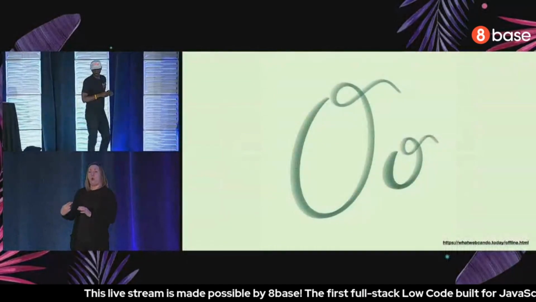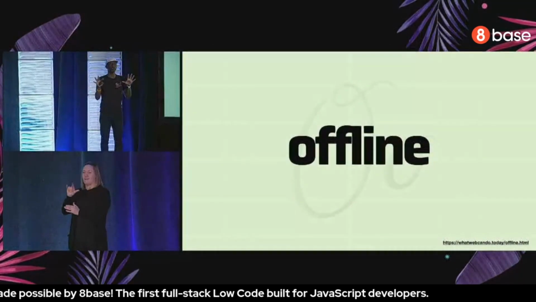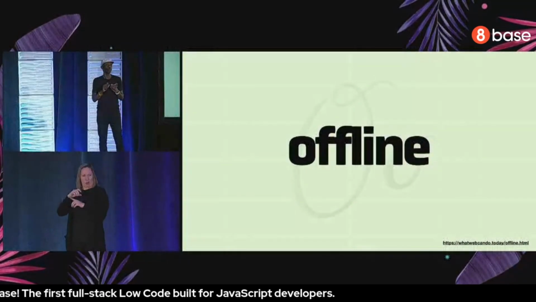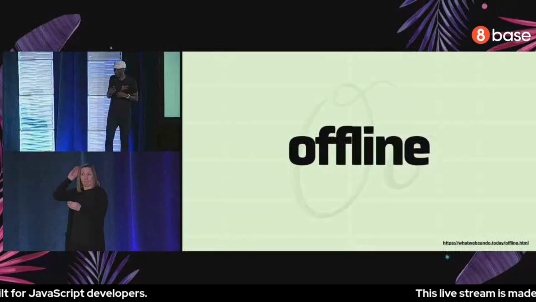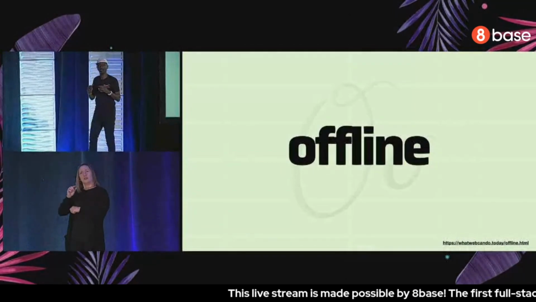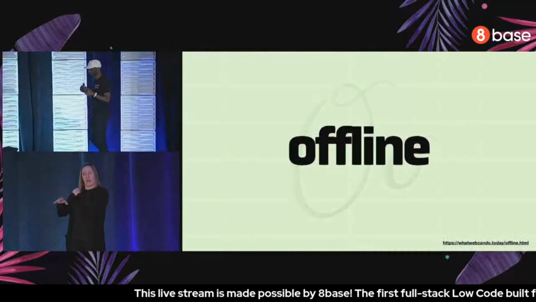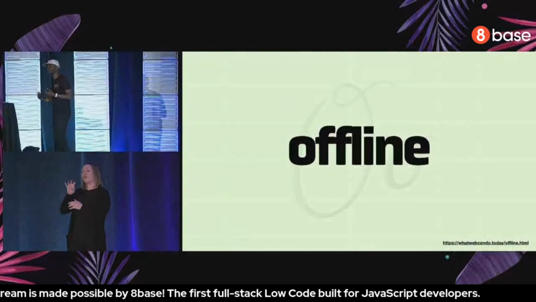O is going to stand for offline. Kind of a bizarre case, but totally a case that you should keep in mind. A few years ago, I think it was Jeep, they had this campaign, and it was about being out in the wild.